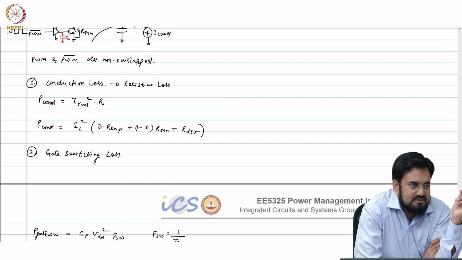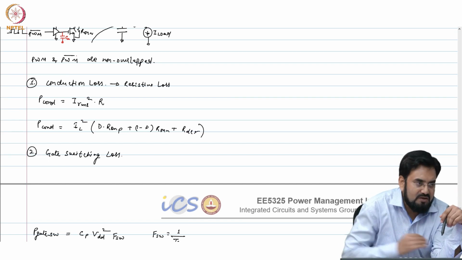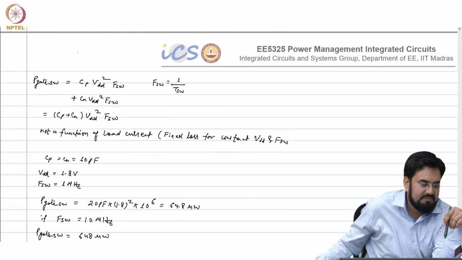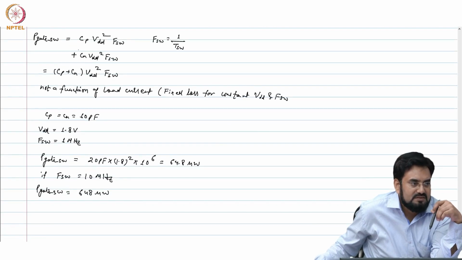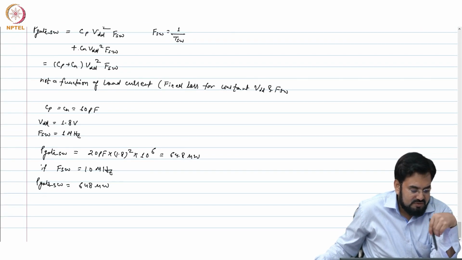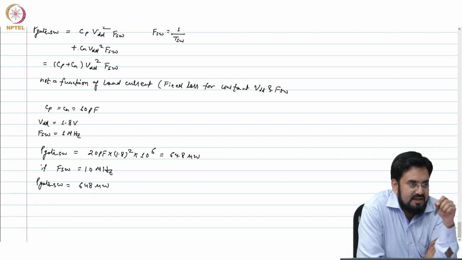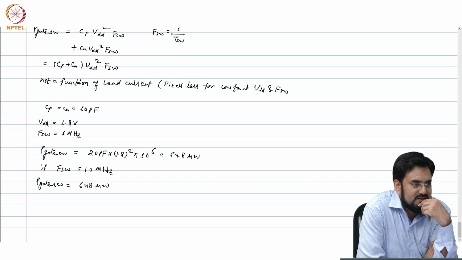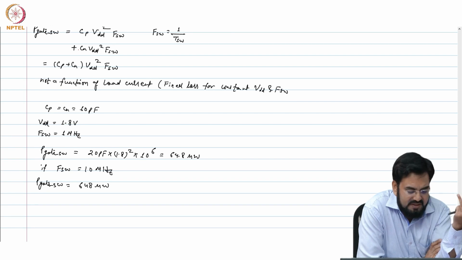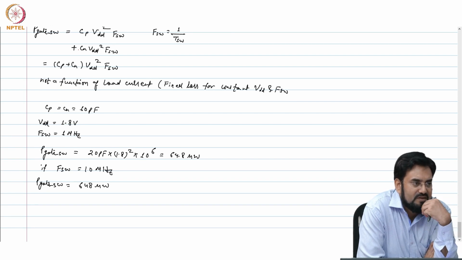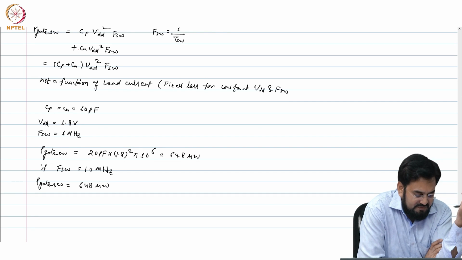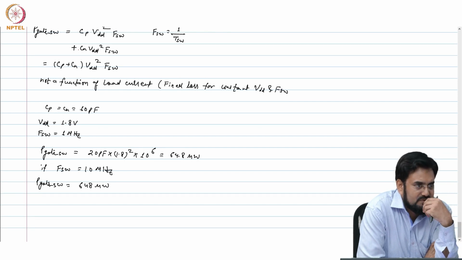You can ignore that. I mean, if you compare with this loss, that will be nothing, correct? So 640 microwatt you are losing in the gate and 1 milliwatt you are delivering. So what will be the efficiency? Less than 50%. Okay. In fact, it will be 35% also. Okay. So the efficiency is too low.